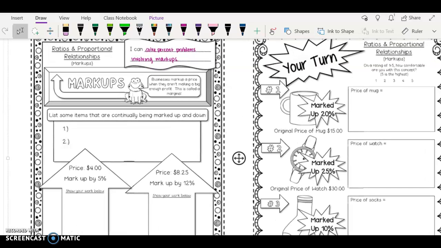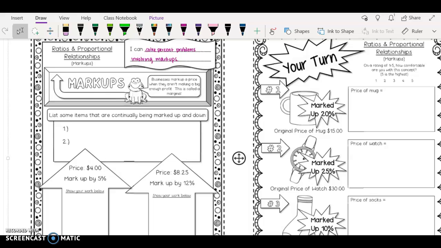So it says list some items that are continually being marked up or marked down. So what I want you to do is take a moment and think of things that you see in everyday life that either are marked up or marked down, and pause the video and write those down.